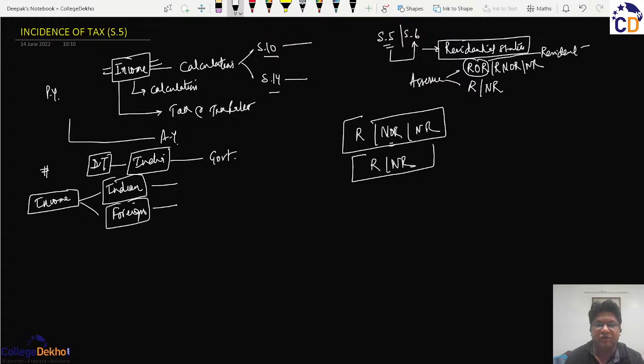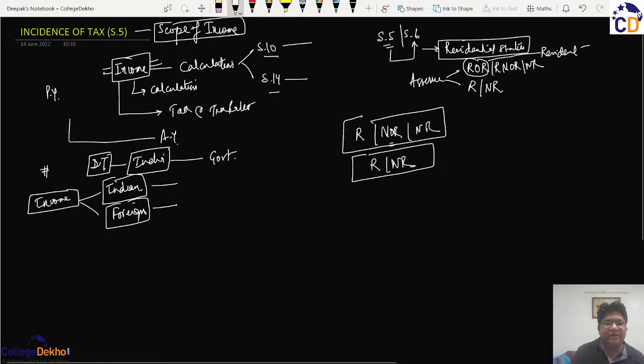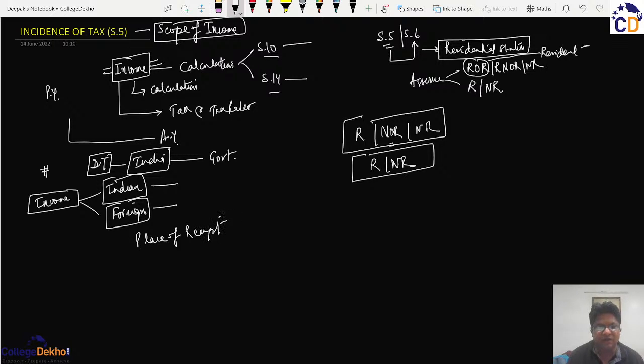We have to understand the provisions of section 5, known as the incidence of the tax, or sometimes we use the word scope of income, and what it implies is that based on the place of receipt, and we are using the word receipt. So before I move on, we should be clarifying that receipt is different from remittances.